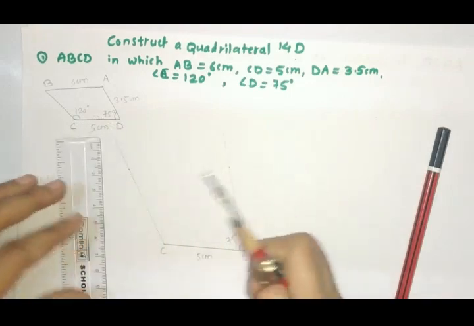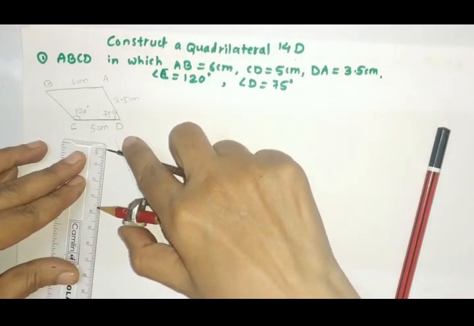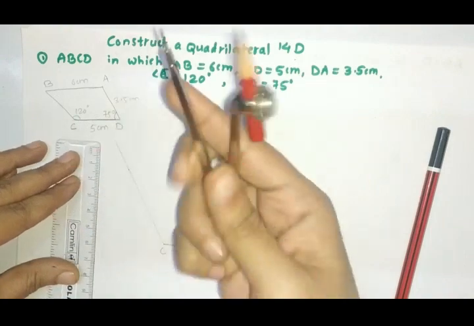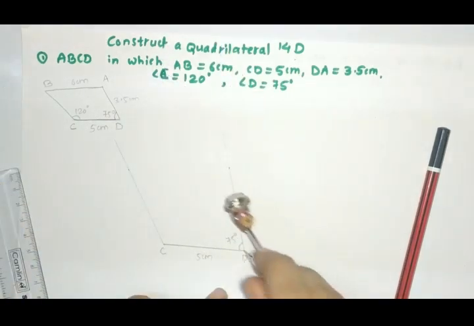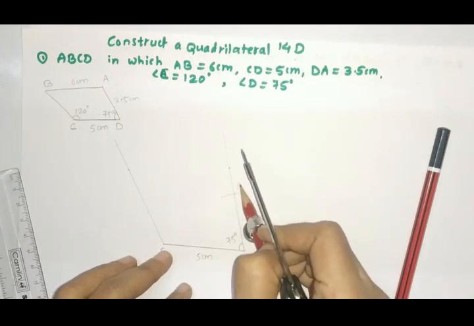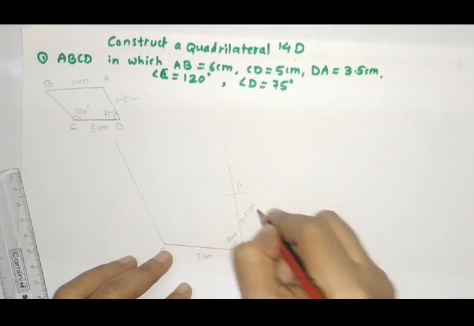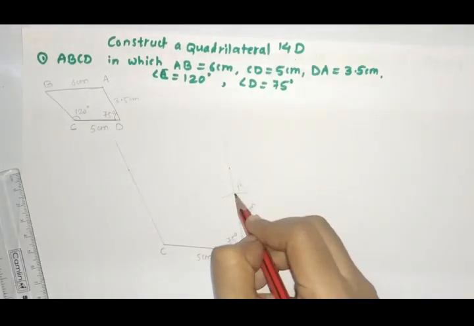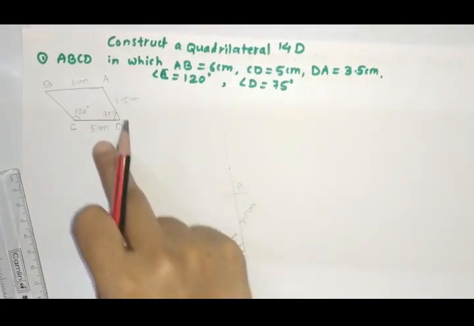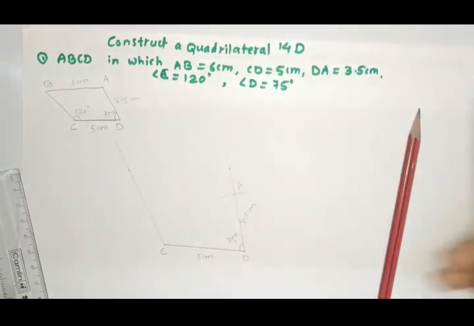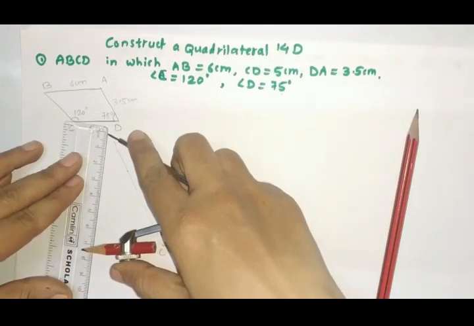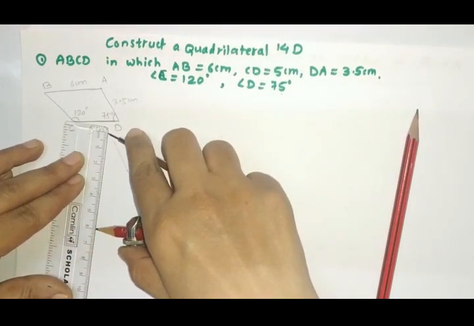So take a radius of 3.5 in the rounder, and with D as a center cut an arc here. So this is point A, and it is 3.5 centimeter. Now this A to B, somewhere point B is located on this ray. So you need to measure 6 centimeter here. This is 6 centimeter.